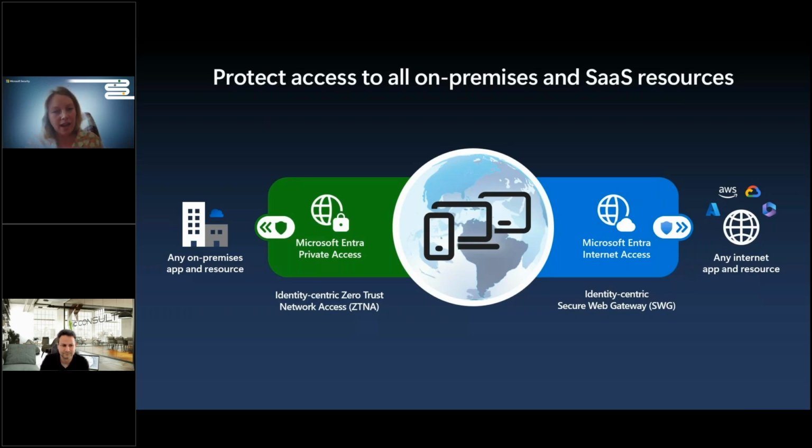Entra Private Access, on the other hand, is a complete identity-centric, zero-trust network access solution that enables you to replace traditional VPNs. So unlike a VPN that would give users access to your entire environment, Private Access enables very granular, modern user-to-resource access controls. And it even works with your legacy on-prem apps and resources.